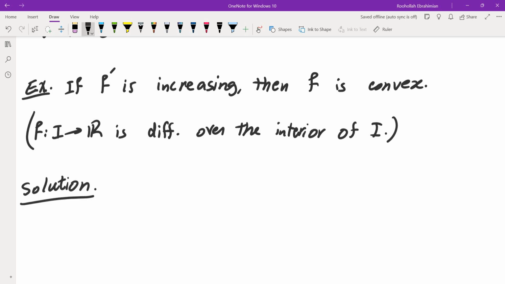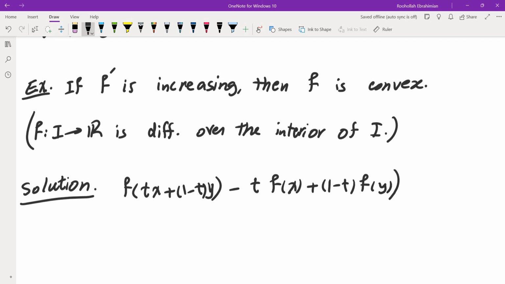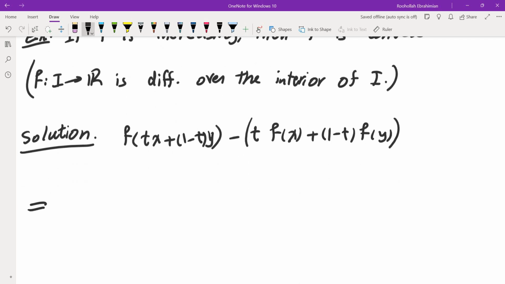So let's look at the difference between f of tx plus (1 minus t)y and t f of x plus (1 minus t) f of y. We can rewrite the first one as t times f of tx plus (1 minus t)y plus (1 minus t) times the same thing.